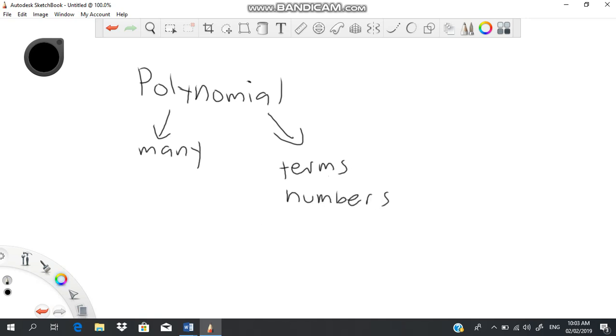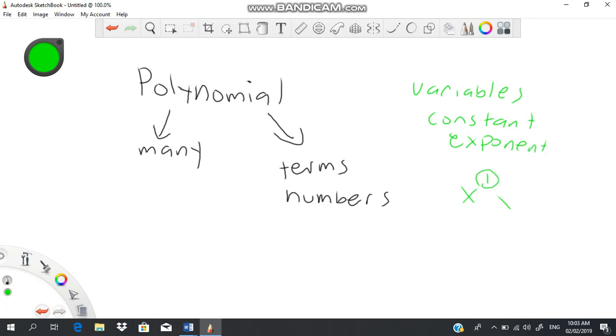Now, a polynomial can have variables or any constants like 1, 2, 3, 4, 5. And last but not the least, it could have exponents like x raised to the first power, this is an exponent, or y raised to the third power, this is an exponent. Now, a polynomial can be used in addition, subtraction, multiplication, and division.